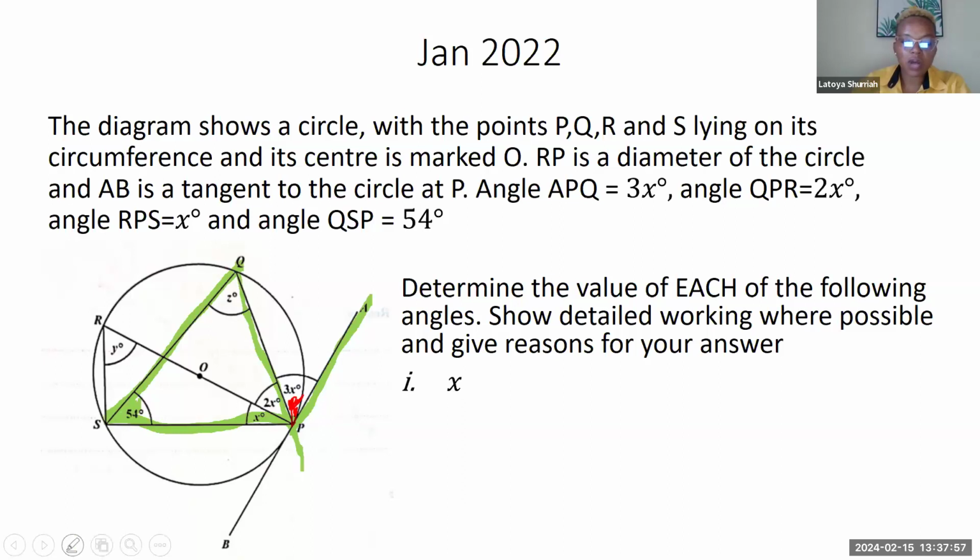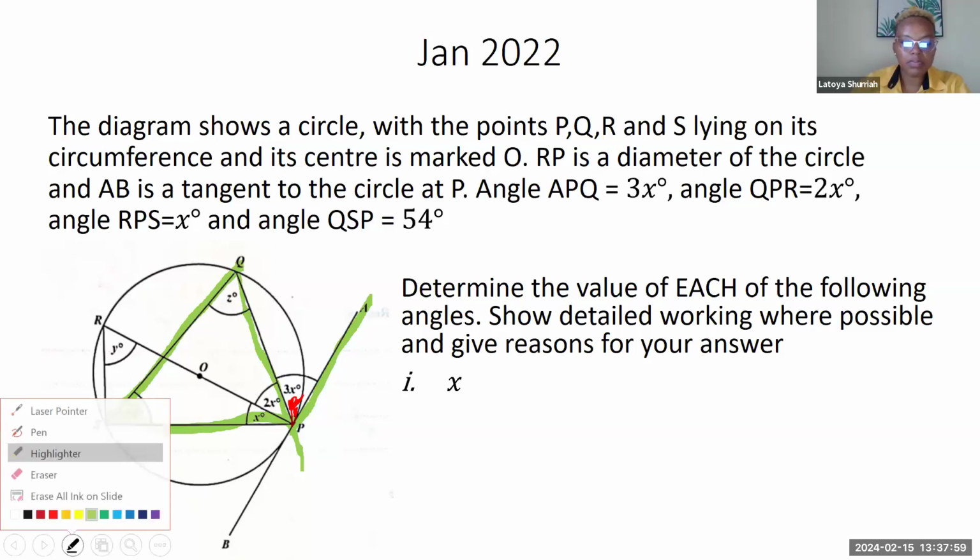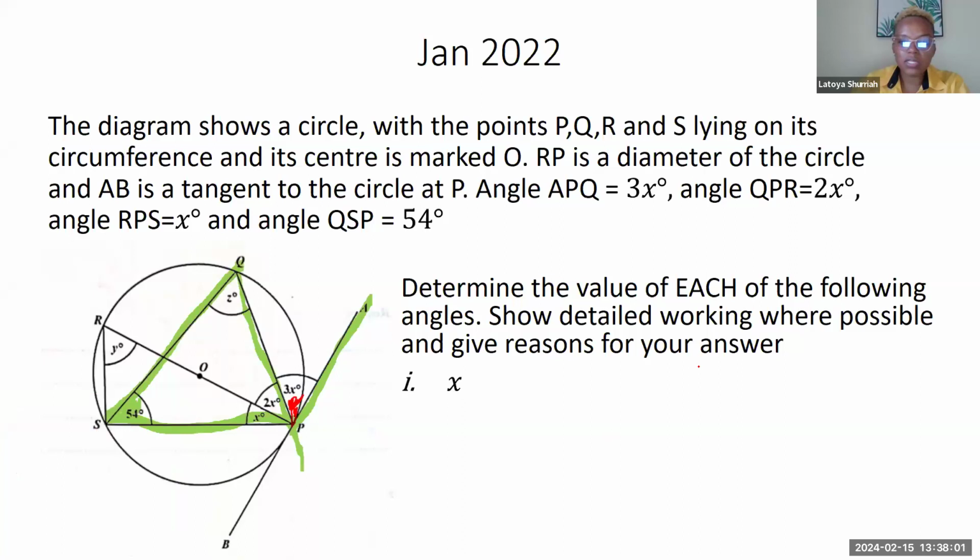So if those two angles are equal, we can use the process of algebraic reasoning. We know that 54 is equal to 3x. And so we can simplify by dividing both sides by 3, 54 divided by 3 is equal to x.